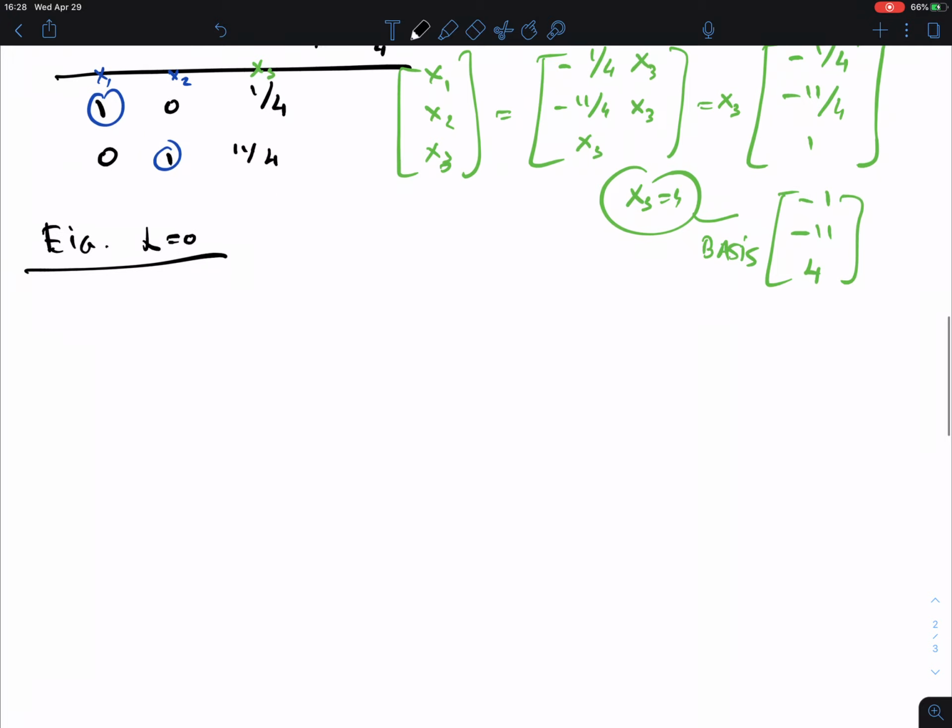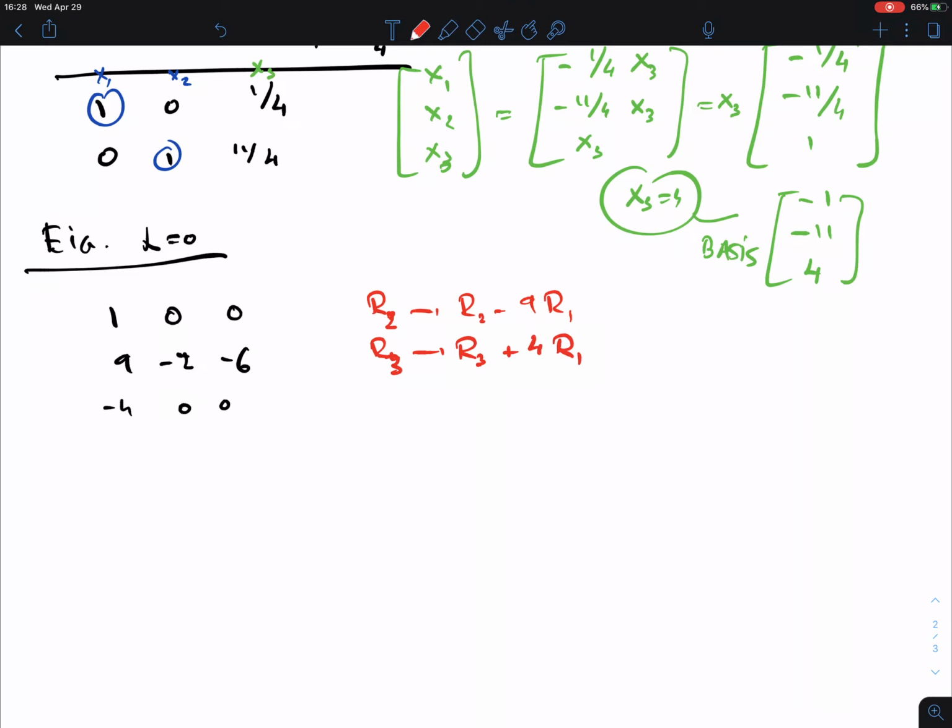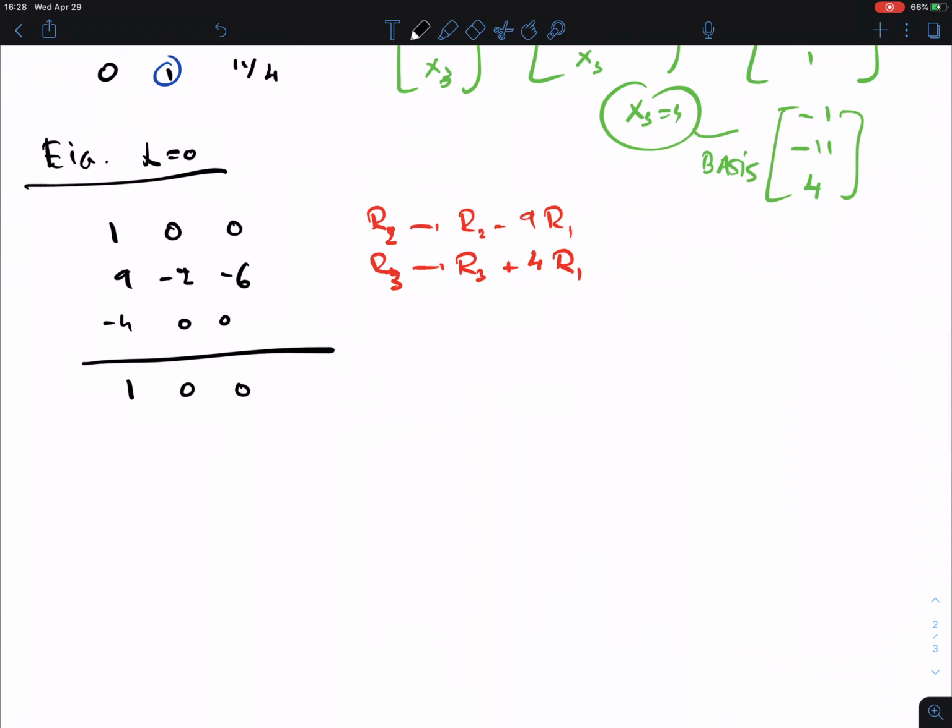And this is the original matrix, 1, 0, 0, 9, minus 2, negative 6, negative 4, 0, 0. I have my 1 that I can use, so row 2 minus 9 times row 1, row 3 plus 4 times row 1. So 1, 0, 0.